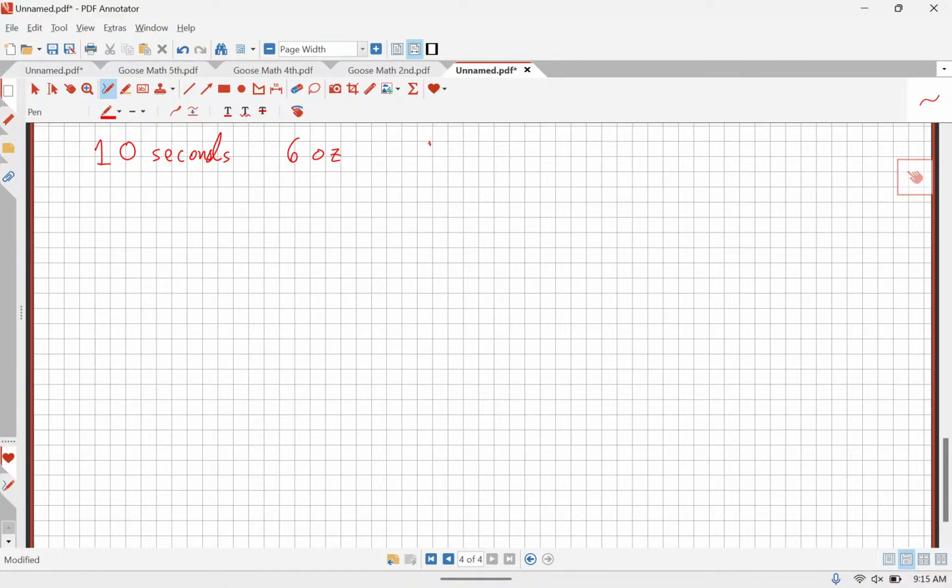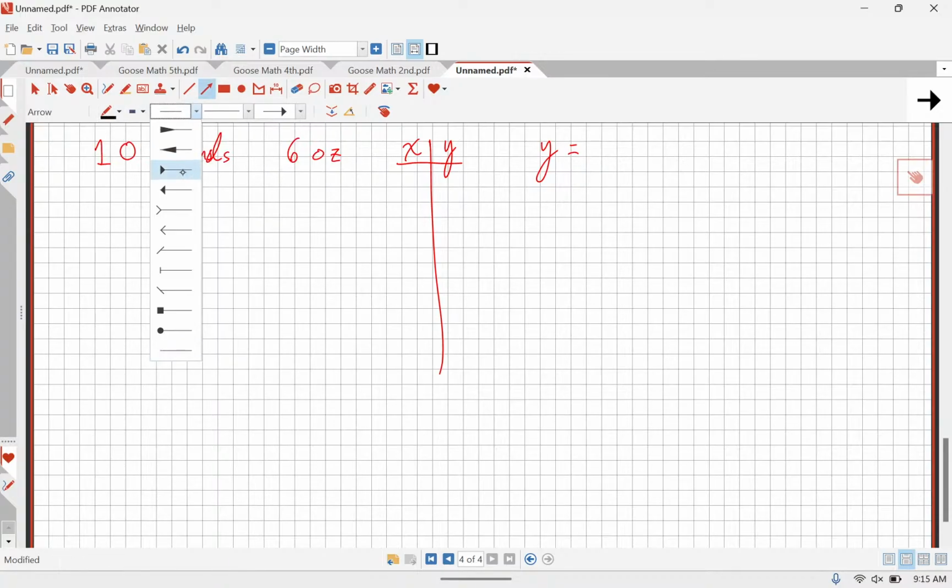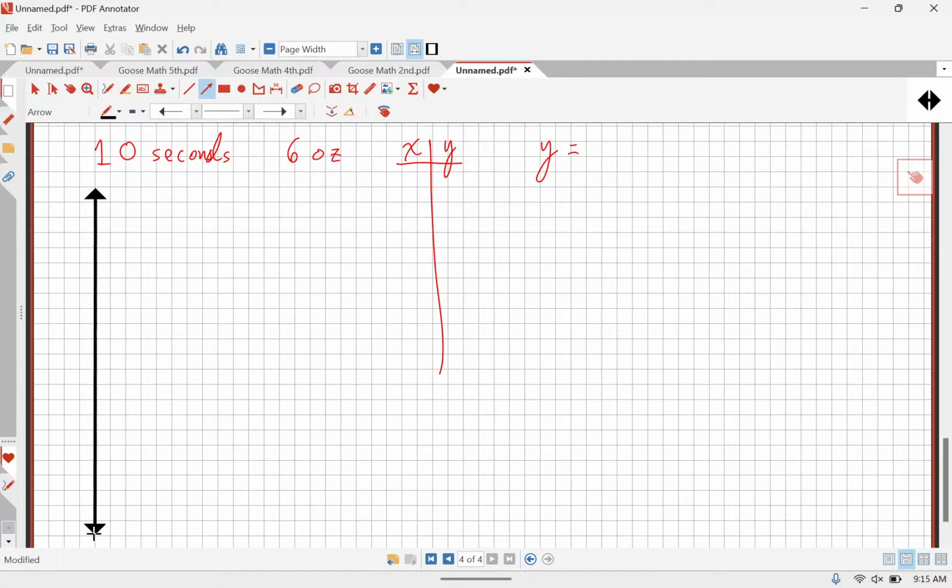Can you make a table, an equation, and a graph representing how much ice cream comes out of that machine based on how many seconds you've got it running? Give it a try and teach.